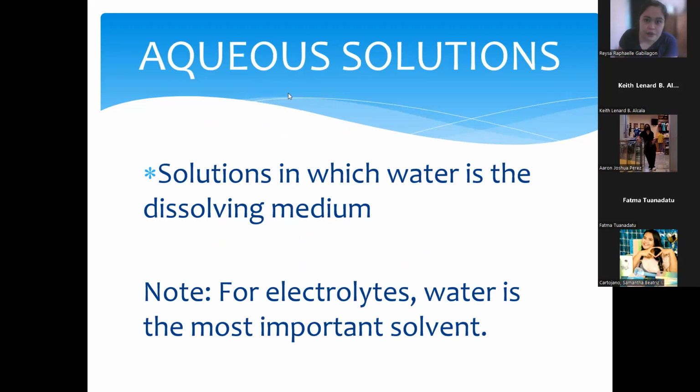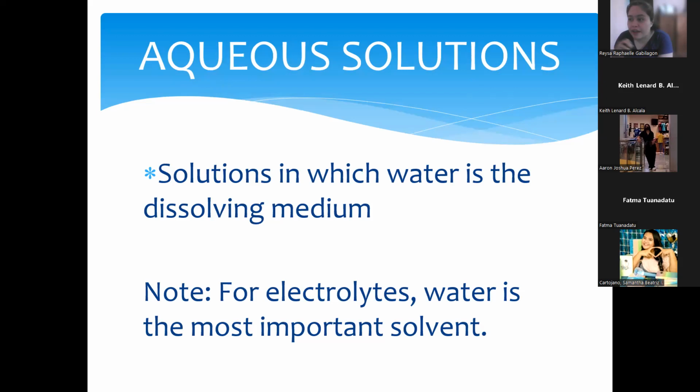Yes, water is our universal solvent. Okay, now, if you hear the term aqueous solutions, pag aqueous, class, automatic, you should think about water. Meaning water is used as the dissolving medium. Or to simplify it, water is used as the solvent.